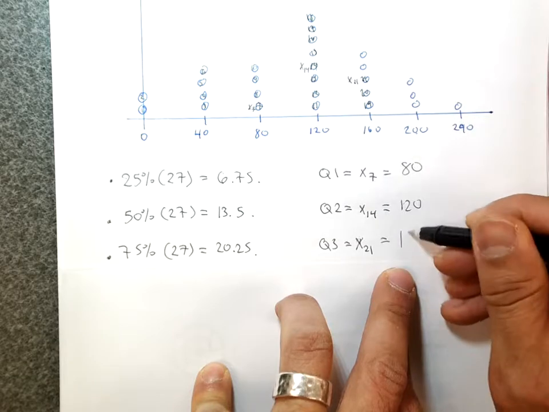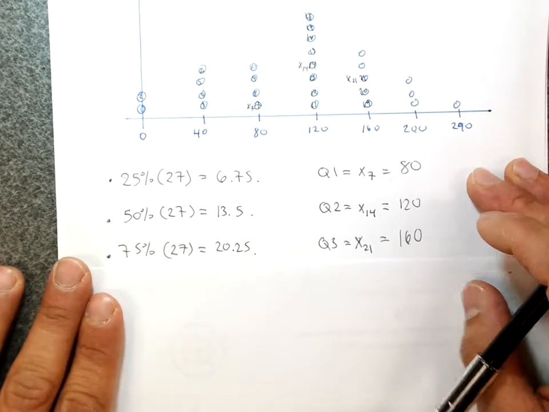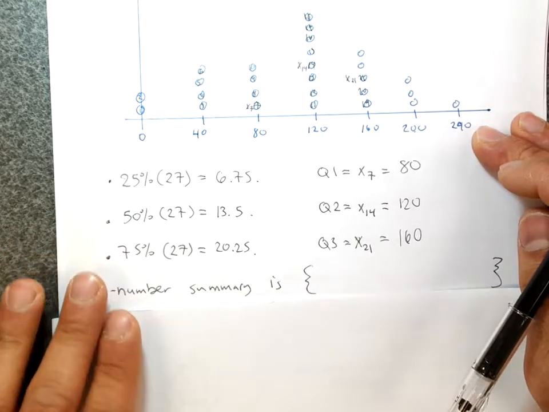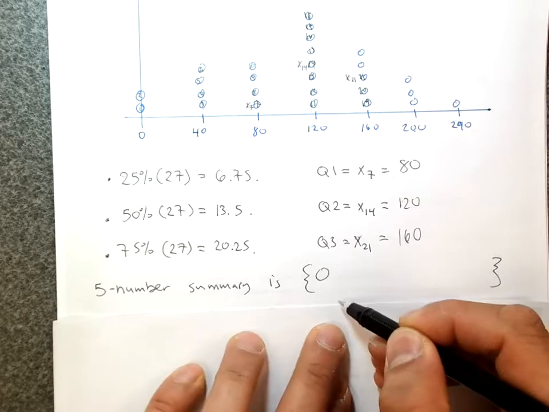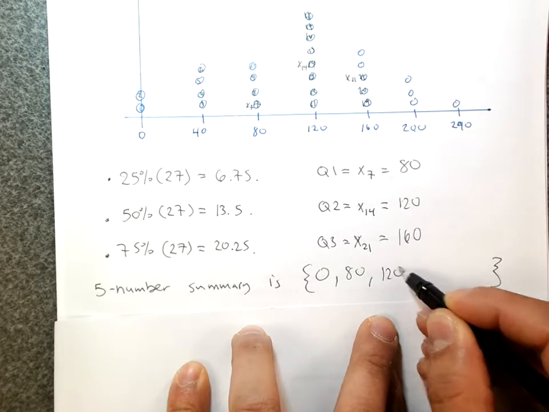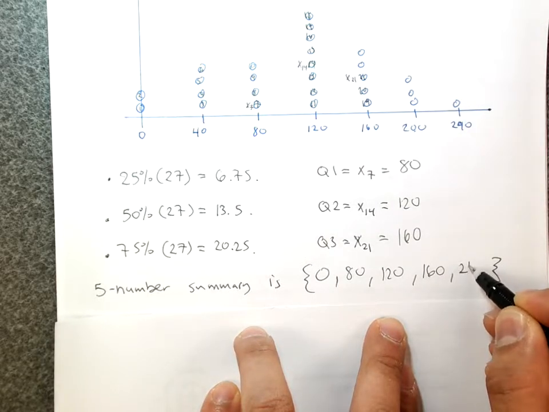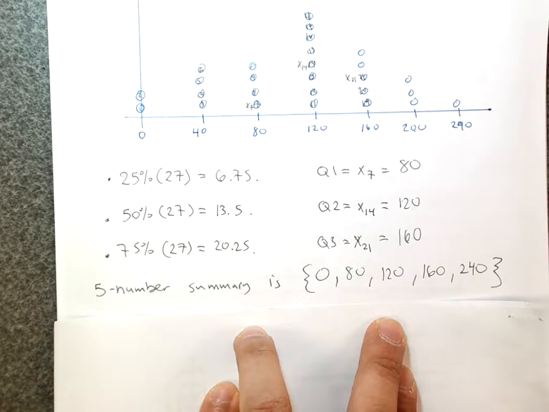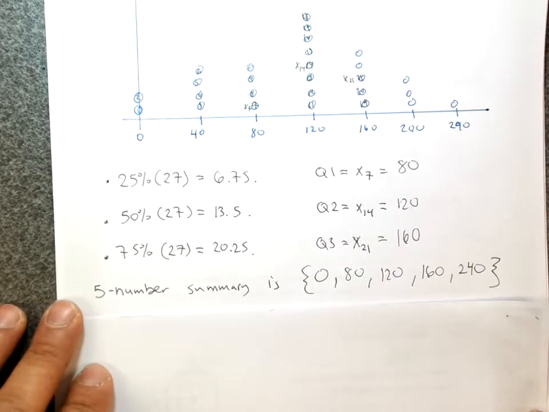Value 160. Those are my quartiles. So my 5-number summary is: the smallest value is 0, the first quartile is 80, 120 is the median, 160 is the third quartile, and 240 is the maximum. In my next video, I will start talking about box plots and how to graphically display the 5-number summary.